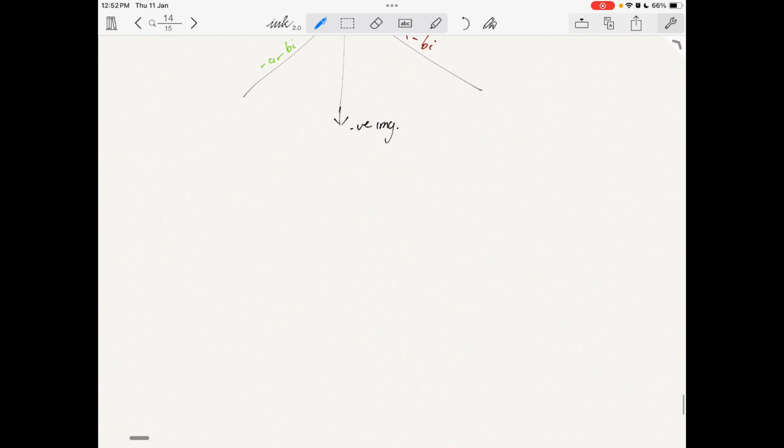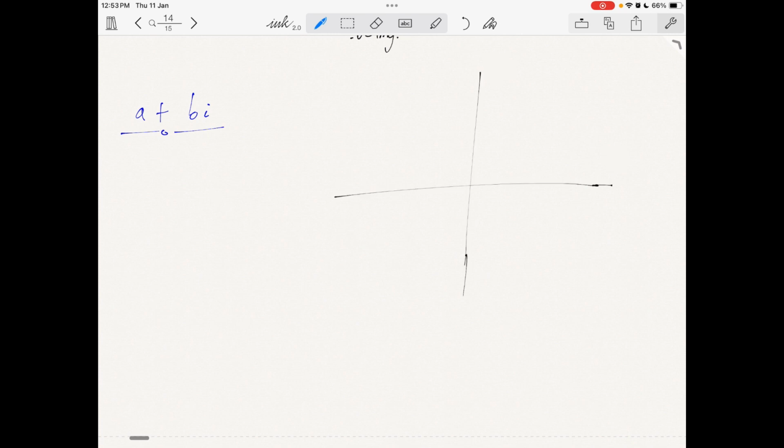So let's start from a plus bi. In a plus bi, the first thing to do is to draw the Argand diagram. So drawing the Argand diagram, we have this.